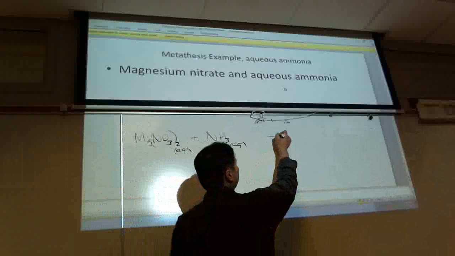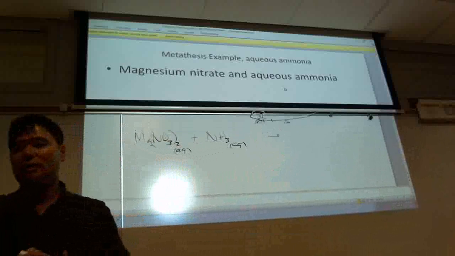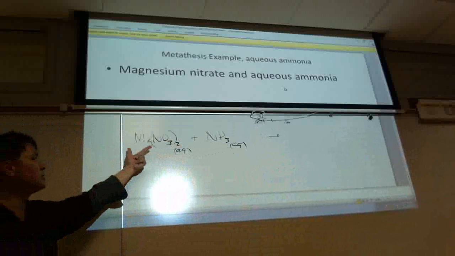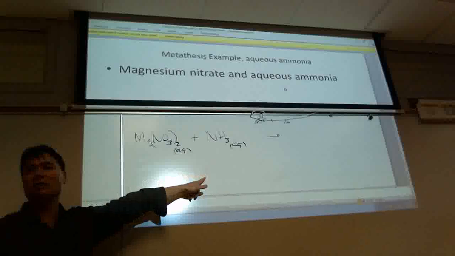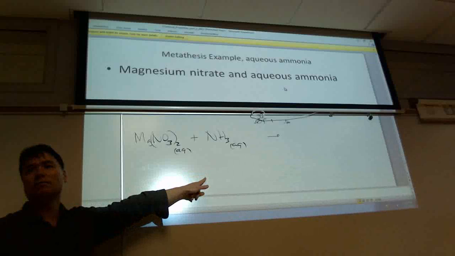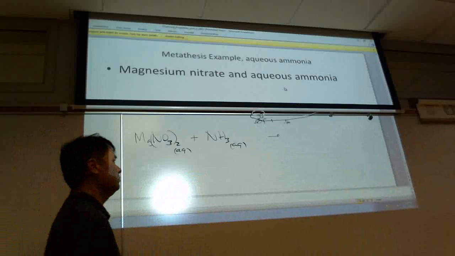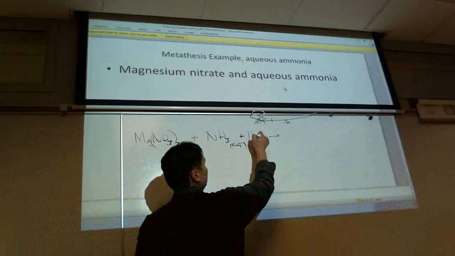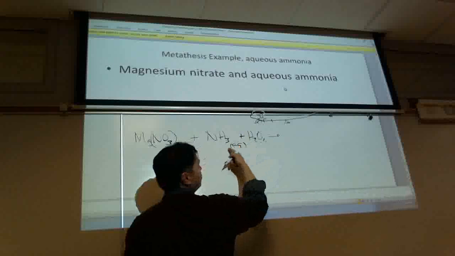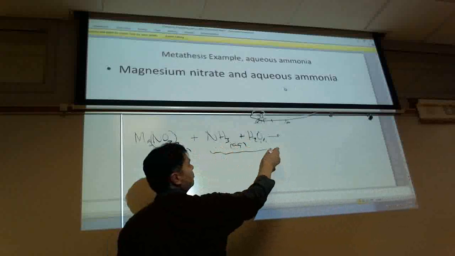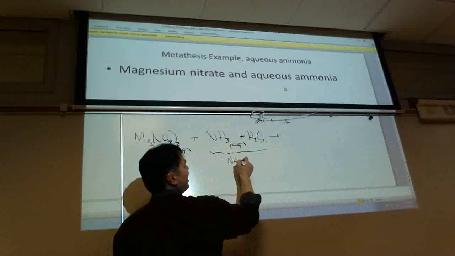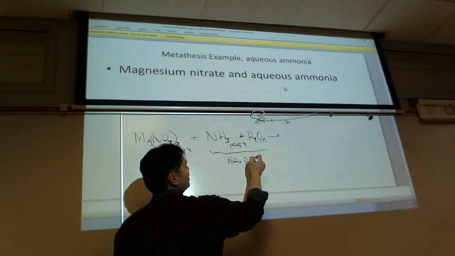Does this look like a metathesis reaction to you? No, it doesn't, because I see magnesium ions, nitrate ions, but ammonia I don't see any ions. And so for ammonia, what do you do? Well, ammonia is a weak base. Weak bases hydrolyze partially to form ammonium ions and hydroxide ions.